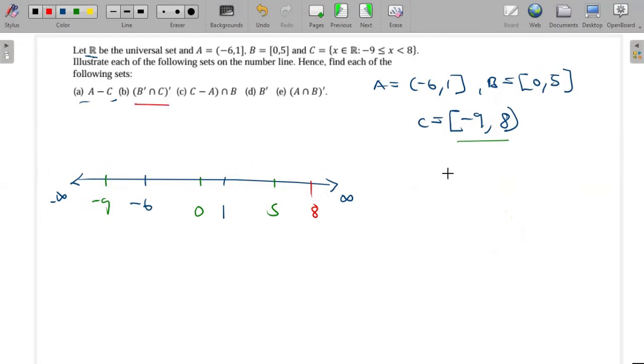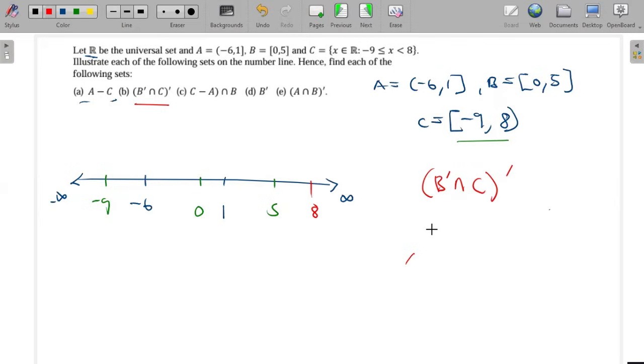Okay, so we have this question here, B complement intersection C, and then the complement. The one who was earlier asking about De Morgan's law, this is where it comes into play.